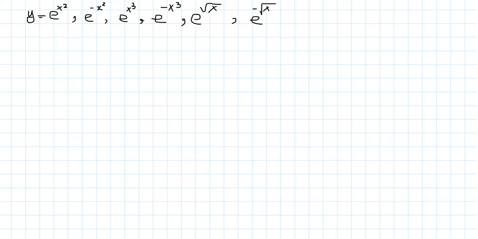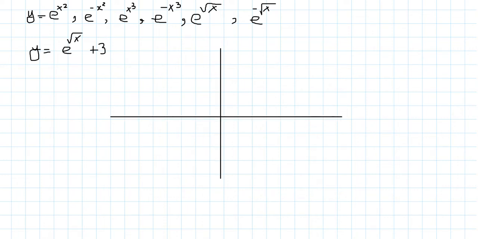The next example is y equals e to the radical x plus 3. I know that it will finish in quarter number 1, and I know the shape of this should be like this.